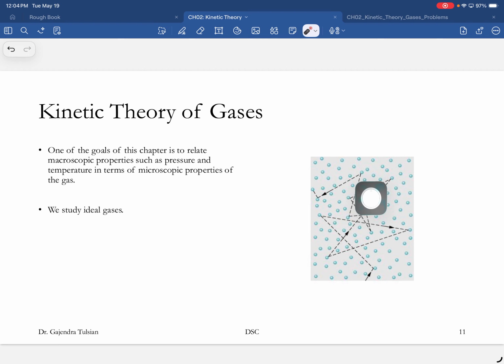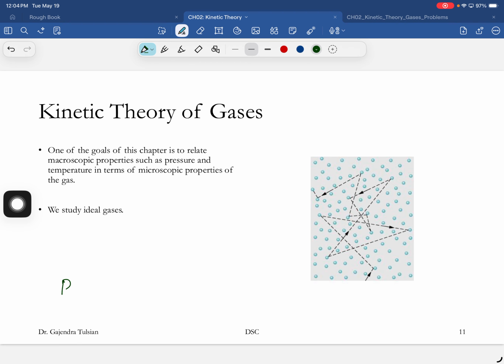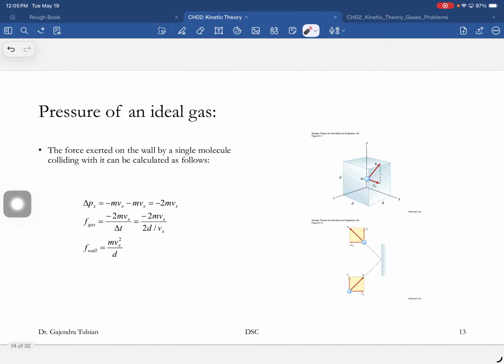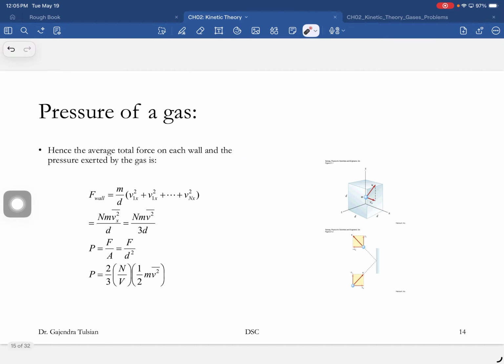All right, so now we're going to study the kinetic theory of gases. We're going to derive this relationship. Okay? P equal to 2/3 N over V times 1/2 mv squared.